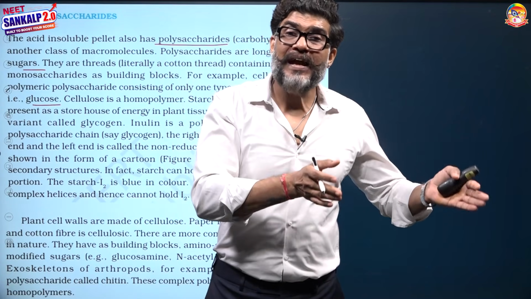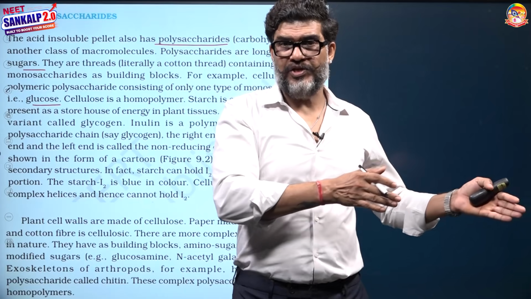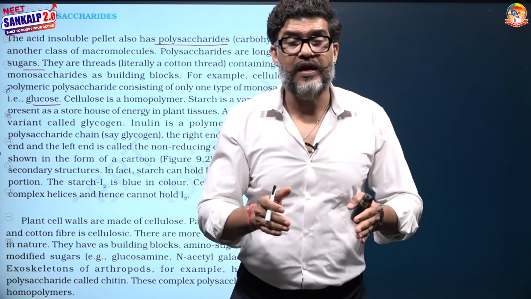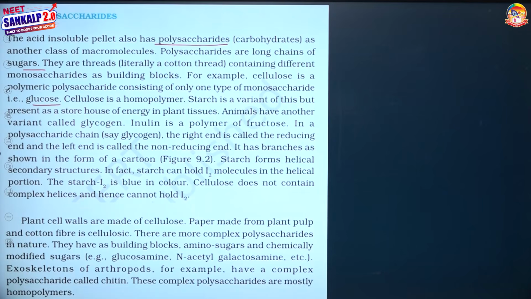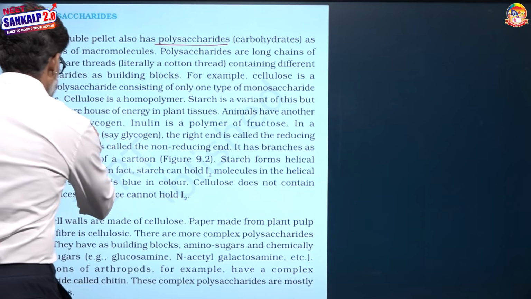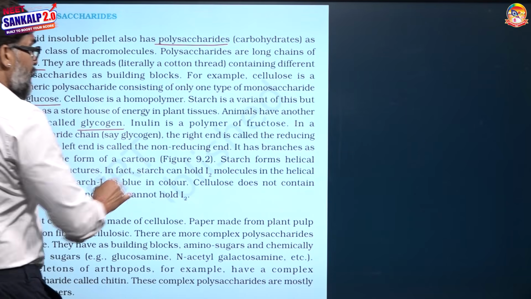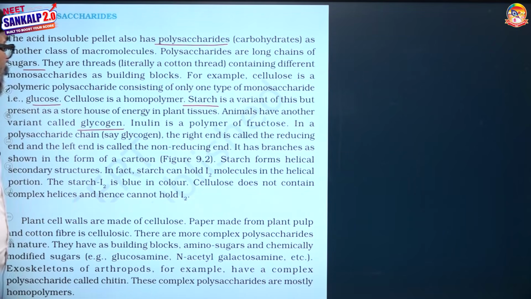Means they are meant for structure formation, while glycogen and starch are meant for storage purpose. Animals have another variant that is called glycogen. So glycogen and starch are equivalent.